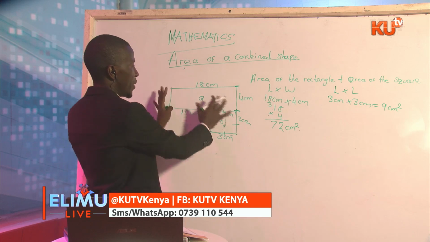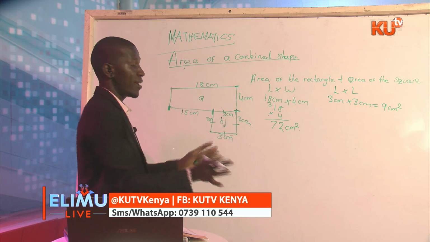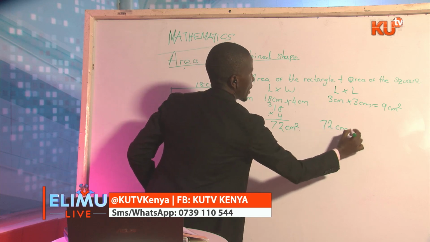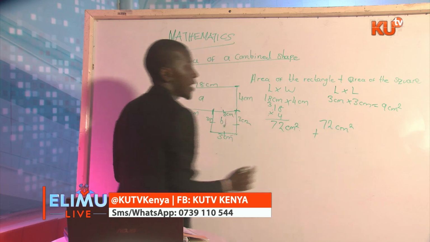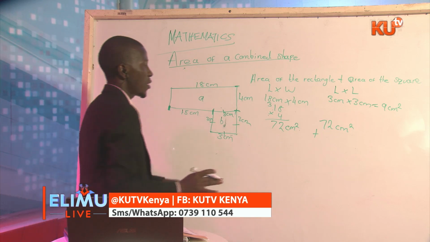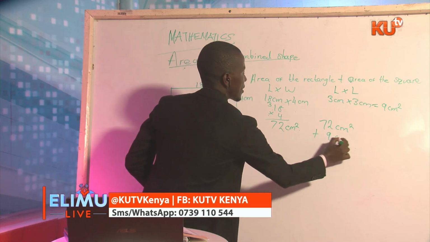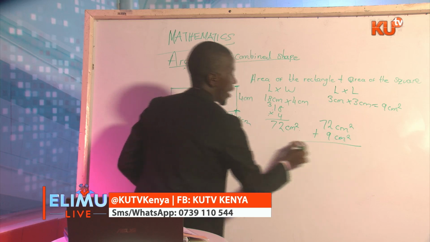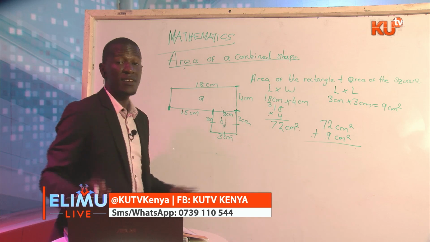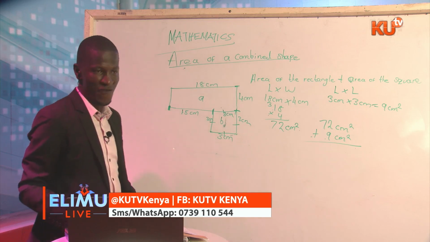So for me to find this area, I'll add the area of the rectangle, which is 72 centimeters squared, plus the area of the square, which is 9 centimeters squared. 9 plus 2 gives us 11.